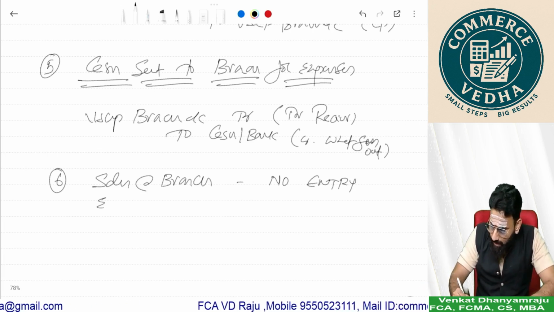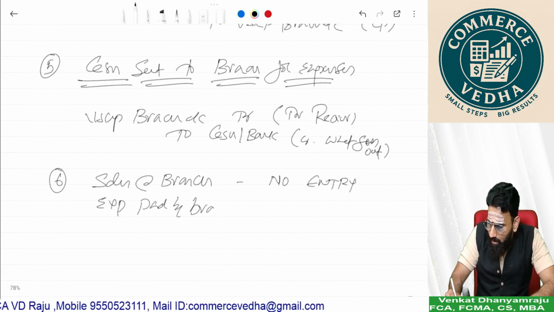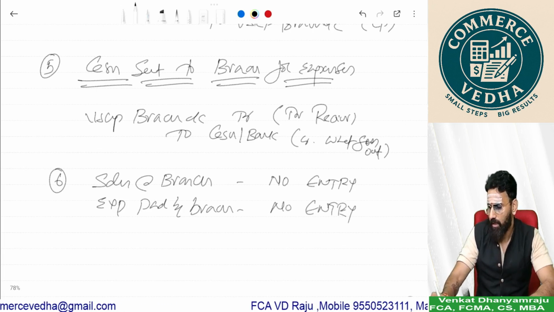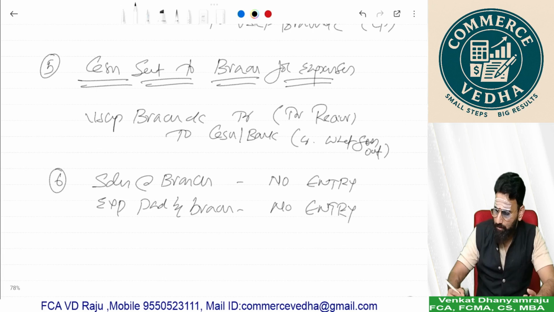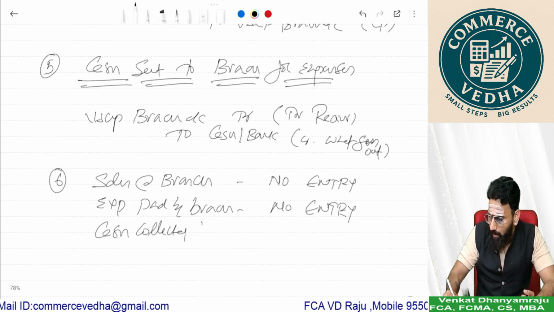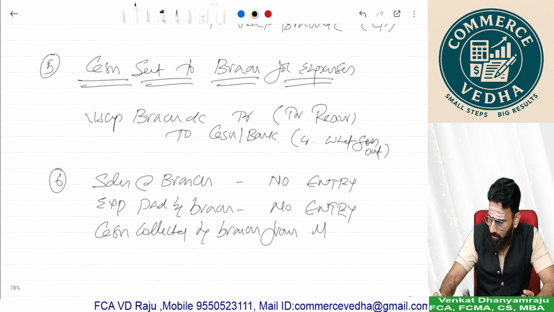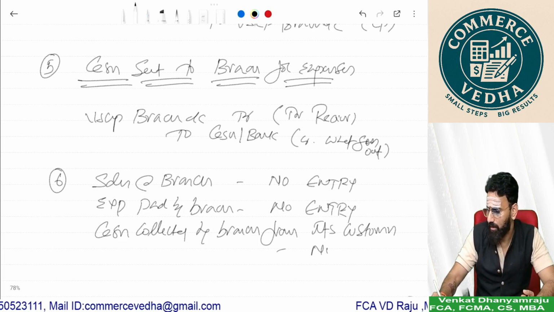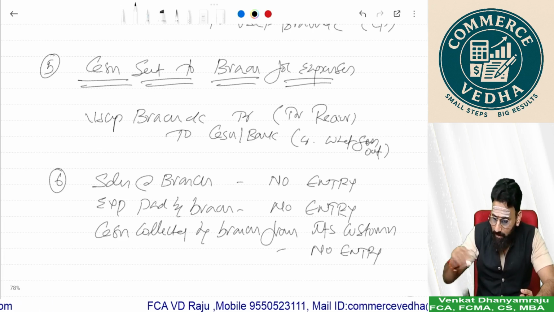Similarly, expenses paid by branch, no entry in HO books. Internal transactions. Right. Also, cash collected by branch from its customers, no entry. Why? Because this is also internal transaction within the branch.